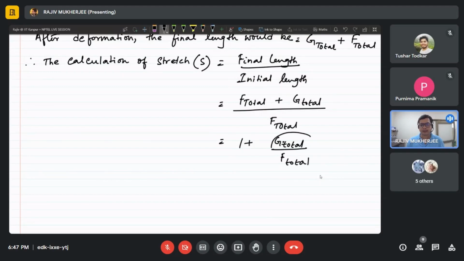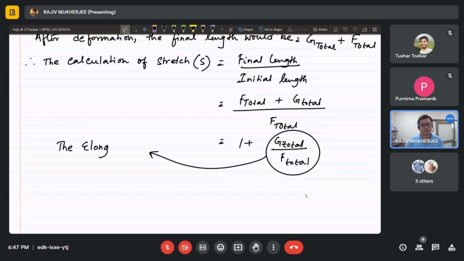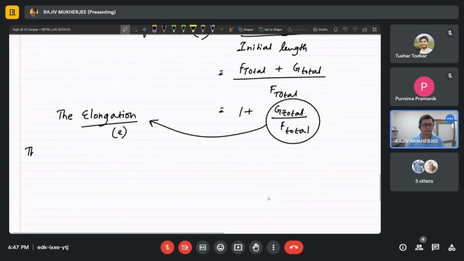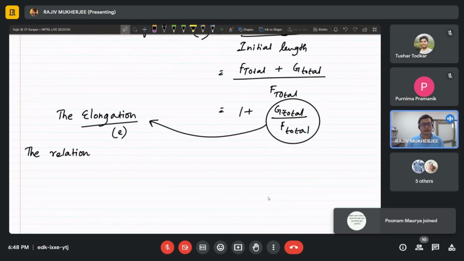Now this quantity is known as the elongation, or rather simply the strain, right?